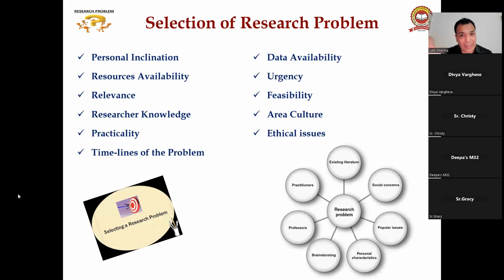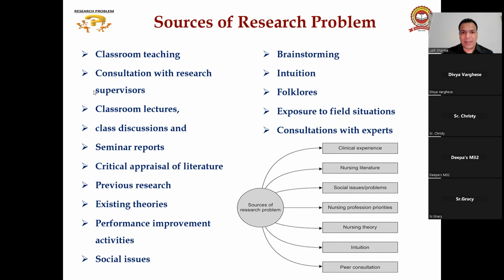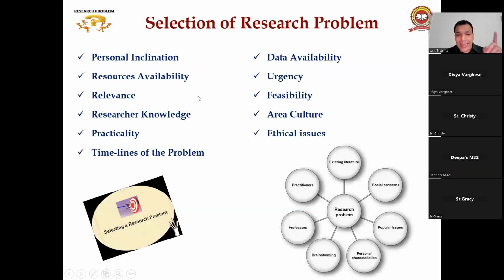This is again very important. On the previous slide were the sources of research problem; you can pick any research problem from these sources and many more. But next, the selection of research problem.